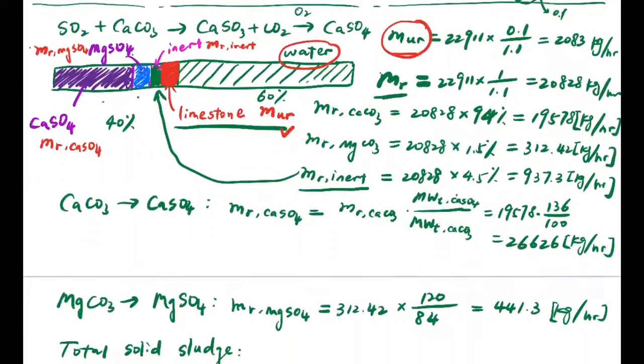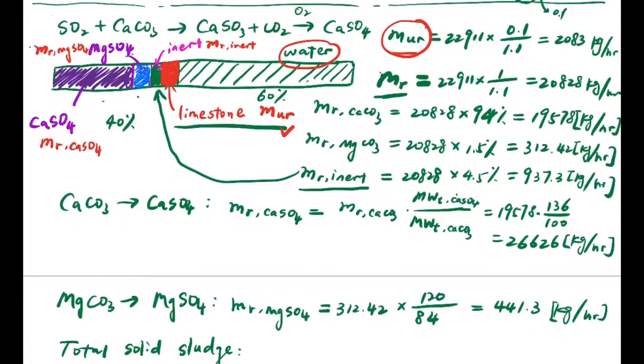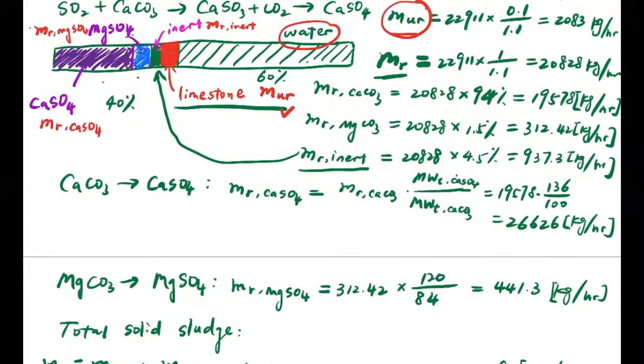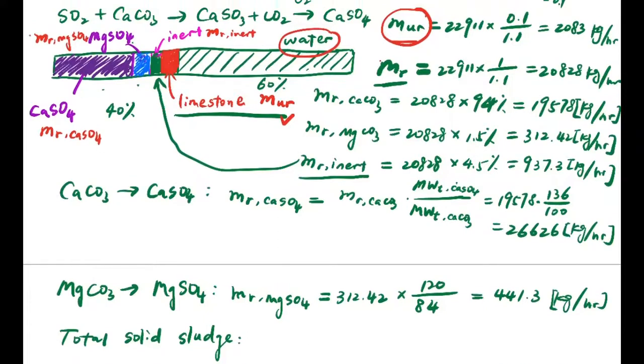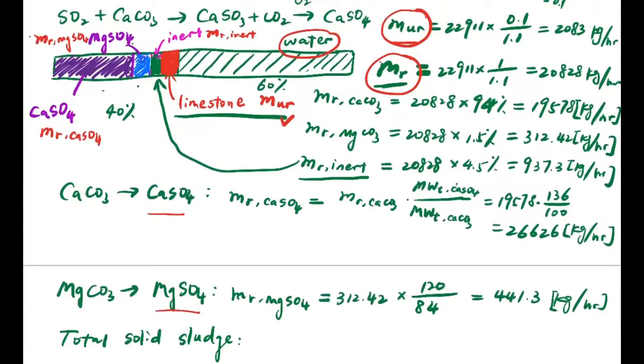And as for the sludge production rate, I think it's more straightforward if we divide this sludge into different sections, right? And then just calculate the formation or the production rate of each component one by one. Okay. So again, we're trying to use this reacted limestone, right, to convert it into the reacted calcium carbonate and magnesium carbonate, and further into the calcium sulfate and magnesium sulfate.